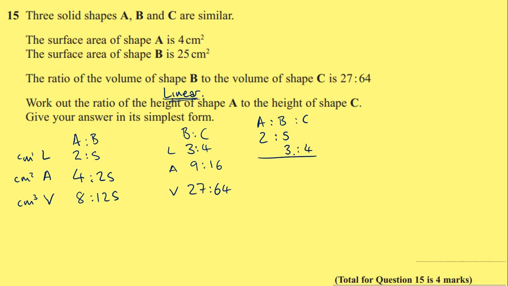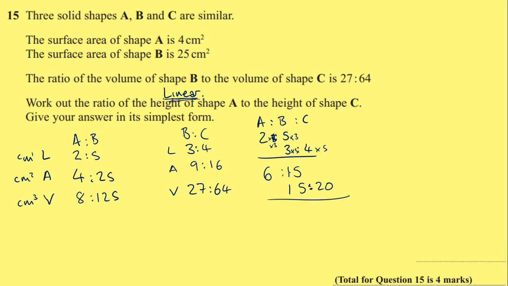I need some way to get these to all be on the same row. Now, if the height of B was 15, then the height of A would be 6, because we're going to multiply this by 3, multiply this by 3. If the height of B was 15, by multiplying by 5, then the height of C would be 20.